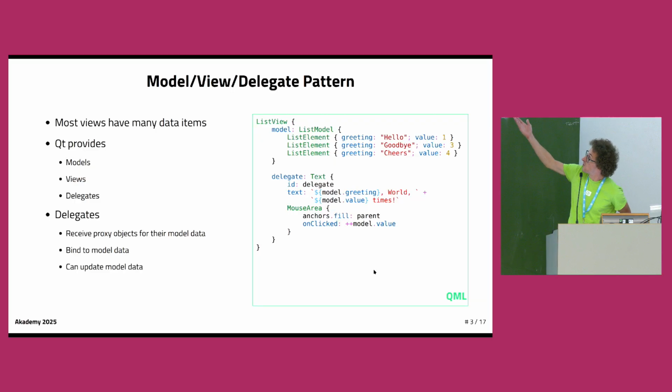And that's the old way to do it. Nowadays you would do it differently, but this is the classic way to do it. And a model object has properties according to the elements of the model, and you can edit those properties. Like if you click on this MouseArea, then the value of the greeting is increased. And then it says, hello.